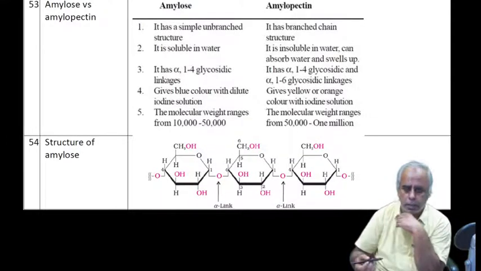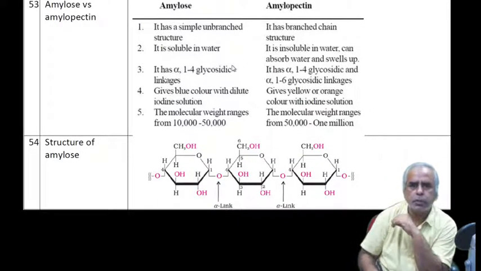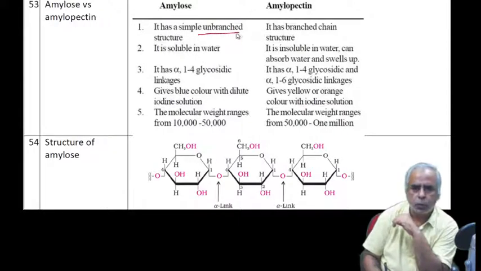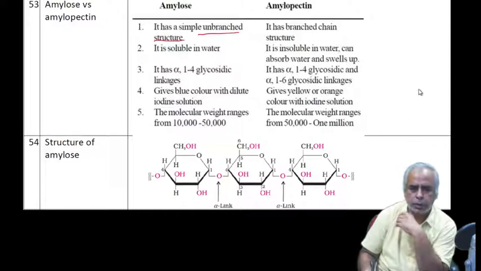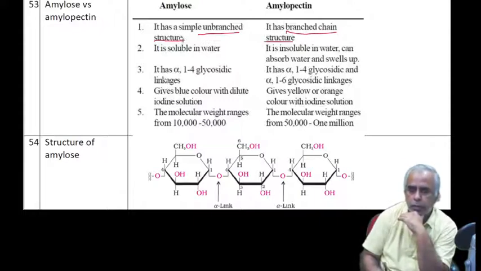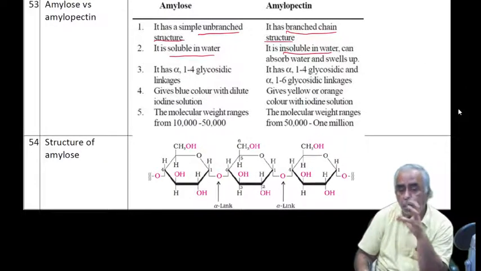Amylose is a simple unbranched structure of glucose units, that is several glucose units, whereas amylopectin is a branched structure. So that makes the difference. Since it is unbranched, it is soluble in water, whereas amylopectin is not soluble in water. It will absorb water and swell up.